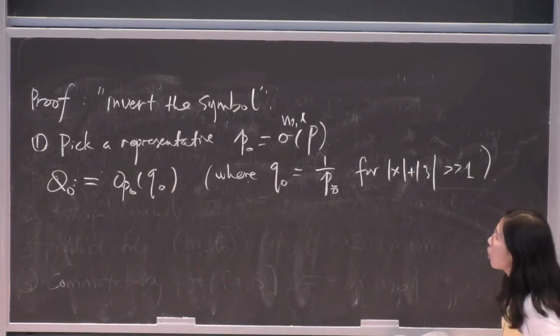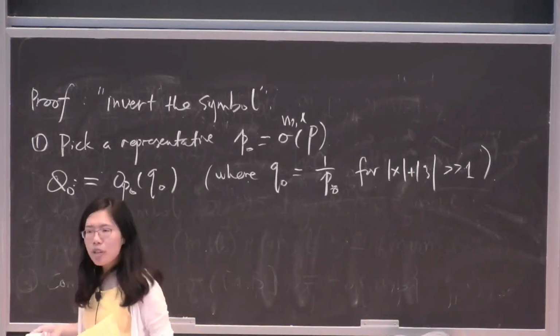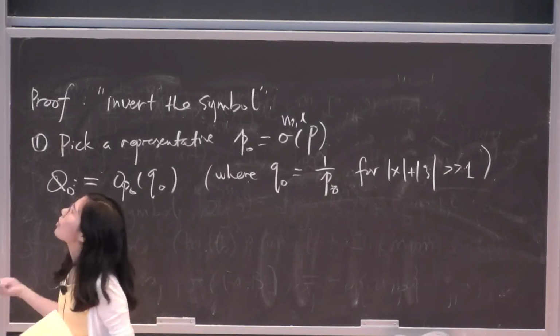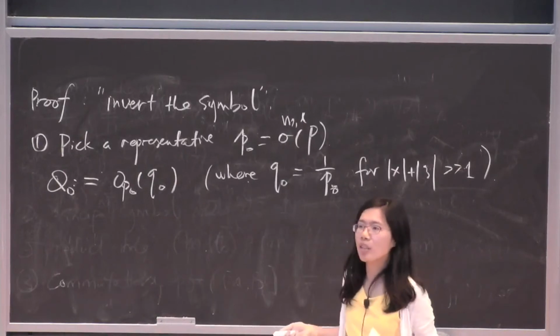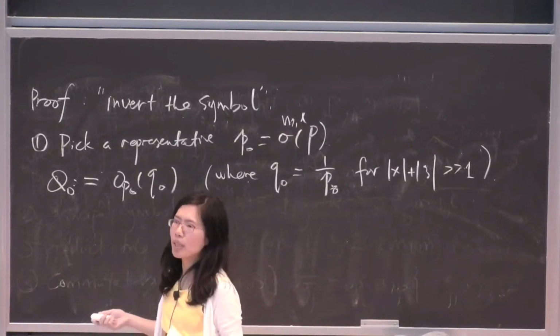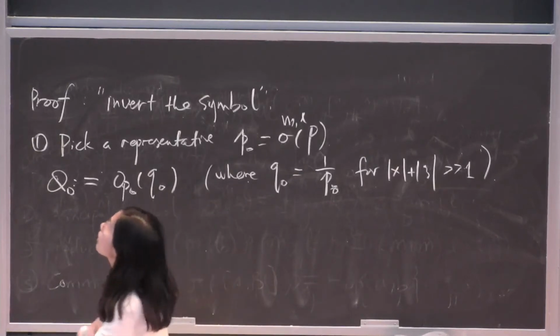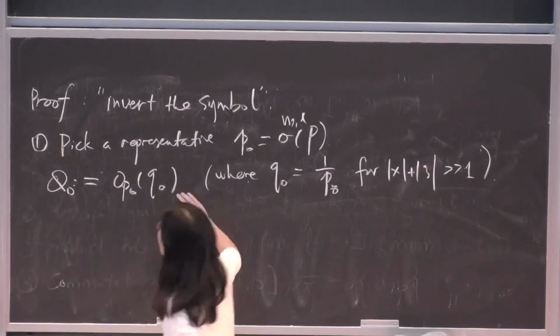Okay. So the basic idea is that I secretly know that the inverse is something like 1 over P0. But I cannot quite do 1 over P0 unless I'm in a safe region where I know that you can invert that. So the safe region is that if x and psi are big, then because of ellipticity, I know that I can do that.